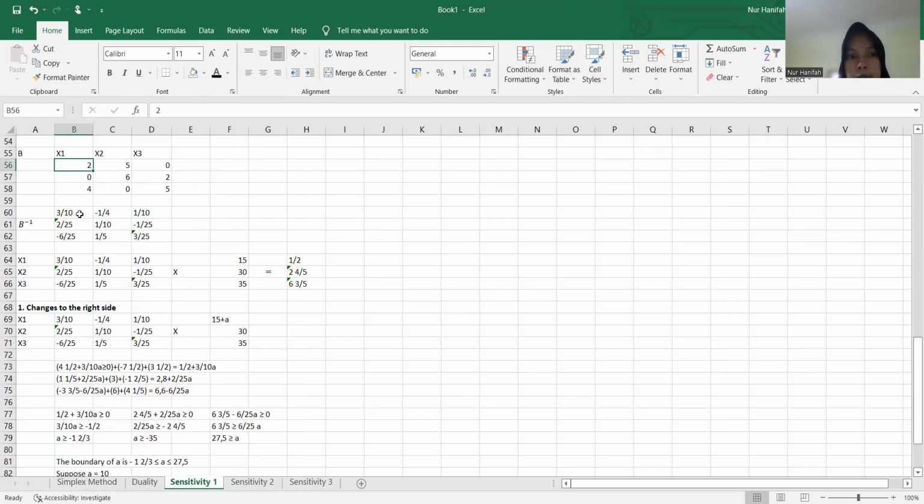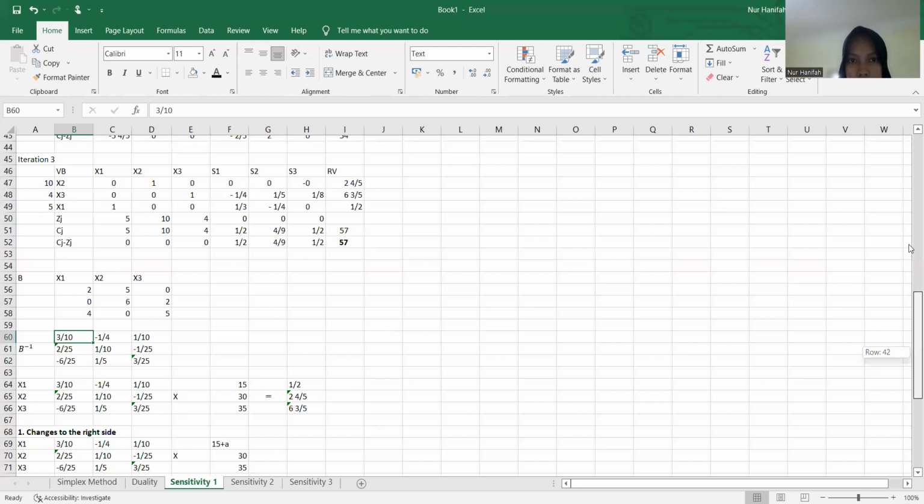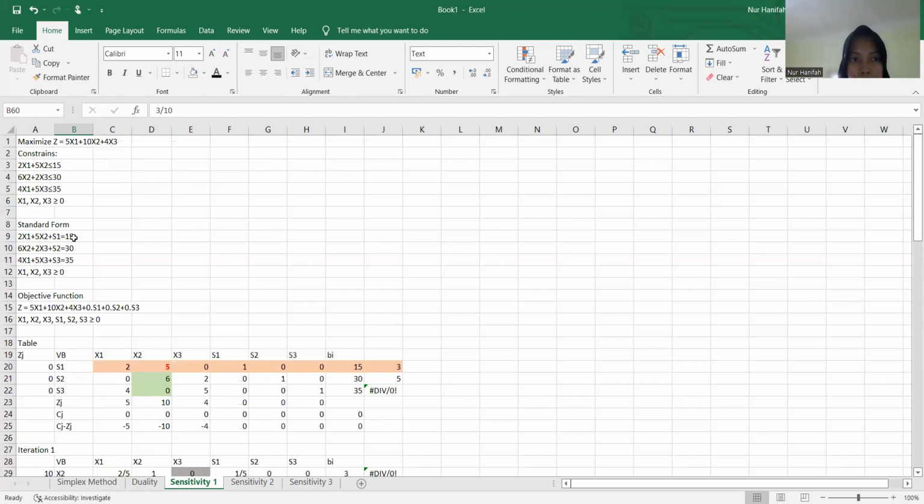Then we must look for the inverse of this matrix, and this is the inverse. Now we must multiply this inverse by the right values of the optimum value before: 15, 30, and 35.